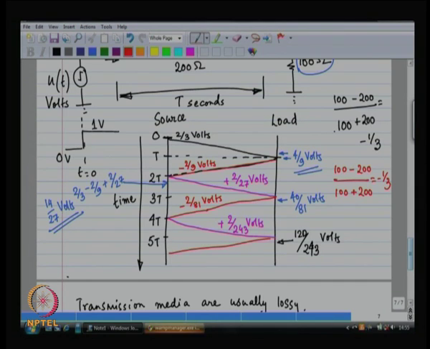The next thing that you have to do is to try to make sure that the reflection at the source is also very small. It might not be in your hand, but if it is, then you can work on Z s and try to make sure that Z s is as close to Z naught as possible.